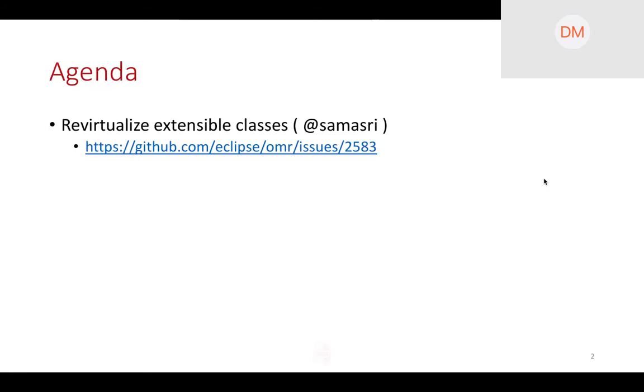But I think simultaneously, maybe at the same time as this item progresses, we can start an issue on identifying what the API should be within the compiler component for each class. For each class, yeah.